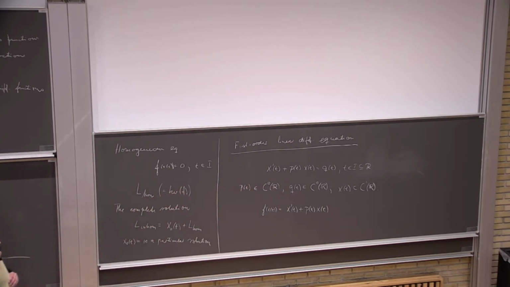And I now claim that this is a linear map. So what should I do in order to show that it is linear? Use L1 and L2. Yeah. So let me do this.